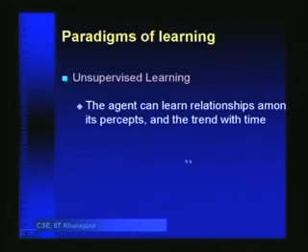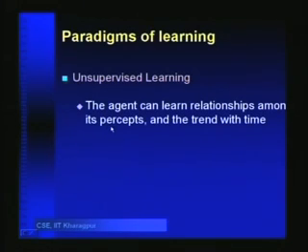And the third paradigm of learning is purely unsupervised learning, where the agent can learn relationships among its percepts and the trend with time. If you do not have any supervision nor any feedback, then what do we learn? We just learn some relationships among the inputs or the percepts.